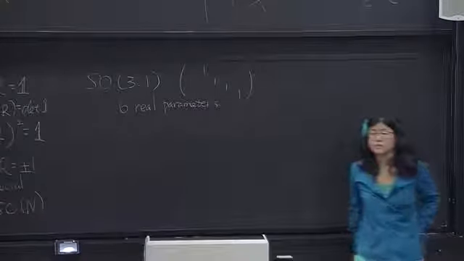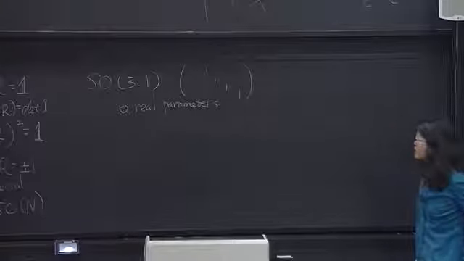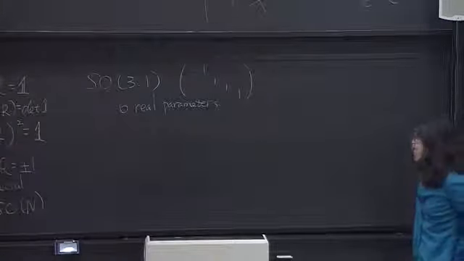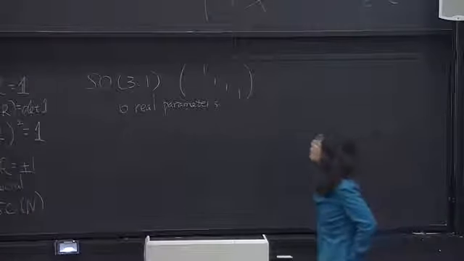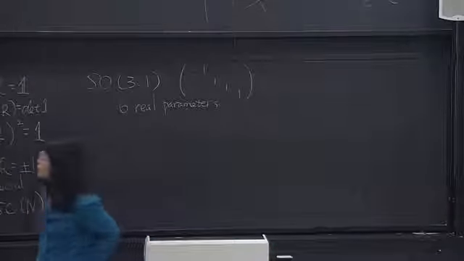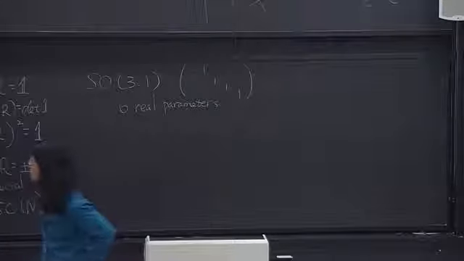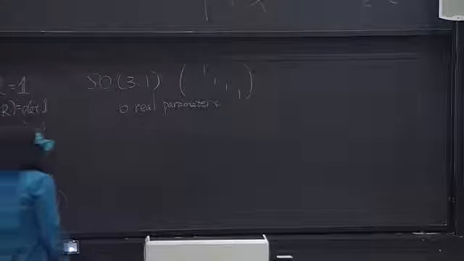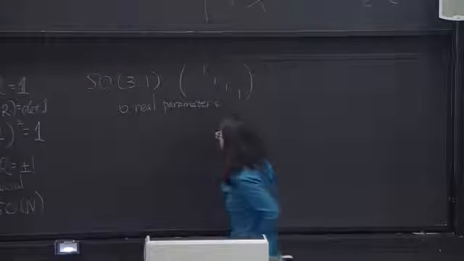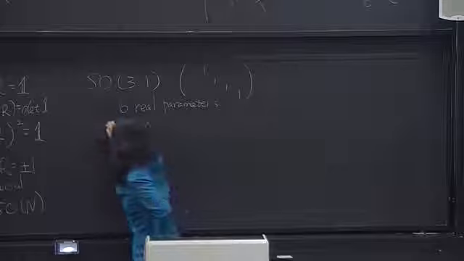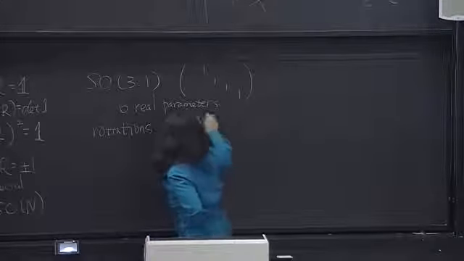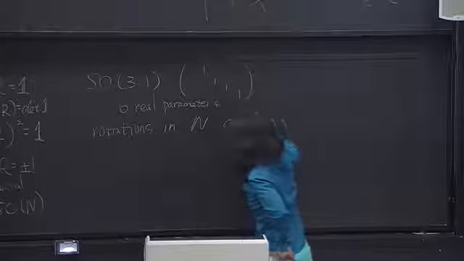Okay, so this is the familiar 3 rotations and the 3 boosts. Okay, so the last thing we want to mention is, besides the rotations in n dimensions, we also want to talk about rotations in complex dimensions.